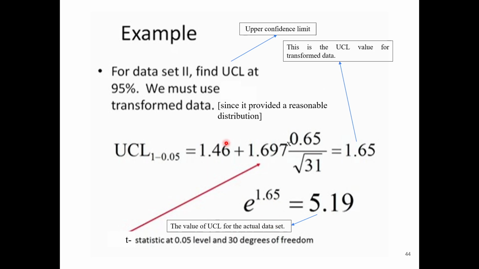But in this case we can directly consider e to the power 1.65, and that will be equal to 5.19. The UCL value for the transformed data set will be equal to 1.46, which was the mean of the log-normal transformed set, plus 1.697.